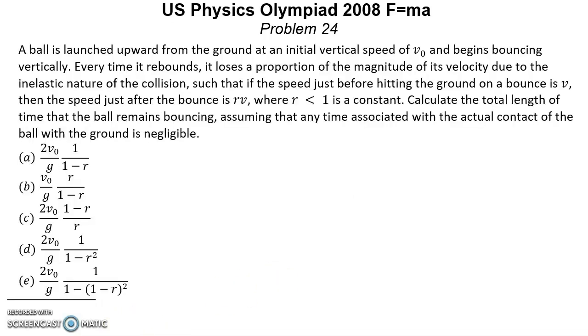Problem number 24. A ball is launched upward from the ground at an initial vertical speed of v0 and begins bouncing vertically. Every time it rebounds, it loses a proportion of the magnitude of its velocity due to the inelastic nature of the collision, such that if the speed just before hitting the ground on a bounce is v, then the speed just after the bounce is rv, where r is less than 1, a constant.